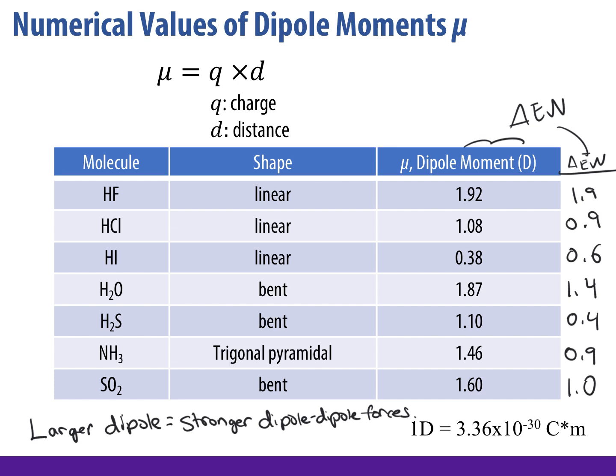The way you can get a sense of the size of the dipole moment is the electronegativity difference between the two atoms, right? So HF is the biggest difference in electronegativity between two atoms, and it's the biggest dipole moment. H2O is also a pretty big difference in electronegativities, and it has the next biggest dipole moment. Not a perfect correlation because some of it depends on how many things you're adding up in the shape.